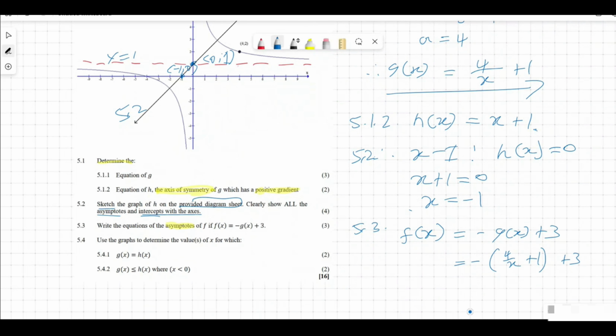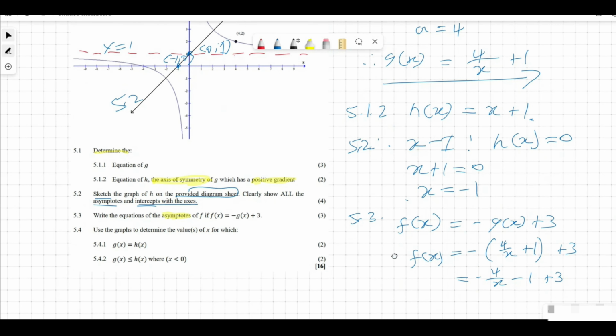Do you see what I did there? Yeah, it's very straightforward. Don't panic. Then negative times 4 over x, I'm going to get negative 4 over x. Negative times positive 1 is negative 1. Then I have a plus 3 outside the bracket. Do you see that?